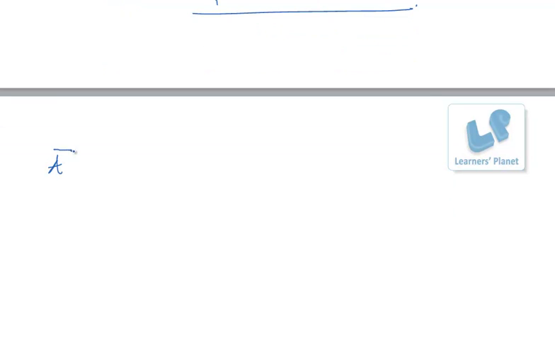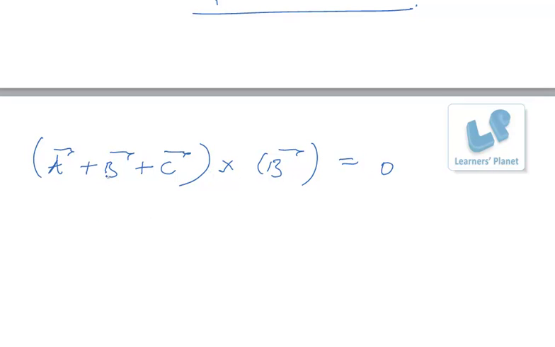Now if I take A plus B plus C and I try to find its cross product with B vector only. Since this vector is 0, the cross product will also be 0. Okay, now I'll apply the distributive property.